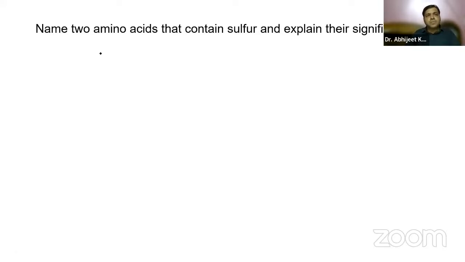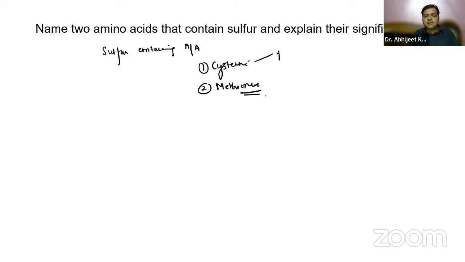If we talk about sulfur-containing amino acids, we have cysteine and we have methionine. Cysteine, you already know, is a polar amino acid. It is a non-essential amino acid, and it is only glycogenic.